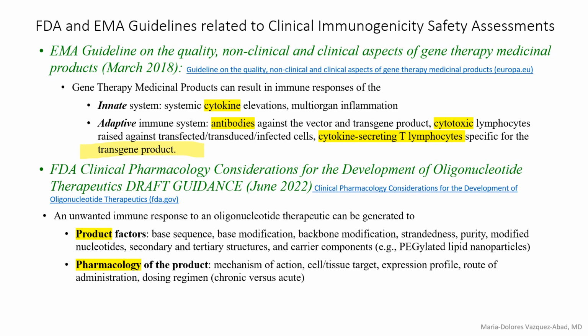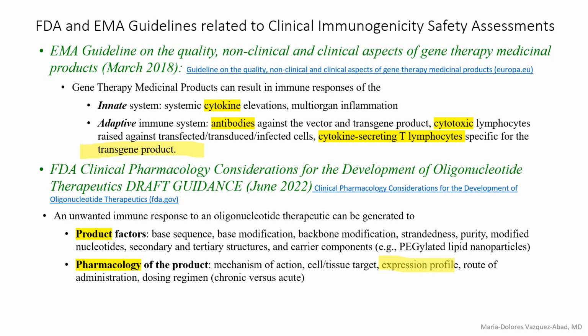And remember that we're saying unwanted immune responses. So in this case, if we have a pharmacology that is increasing T cell response like checkpoint inhibitors, what would be unwanted would be the degree. If this potential T cell response is more than we want and it's producing a safety concern, then it would be immunogenic, even though it's pharmacology.